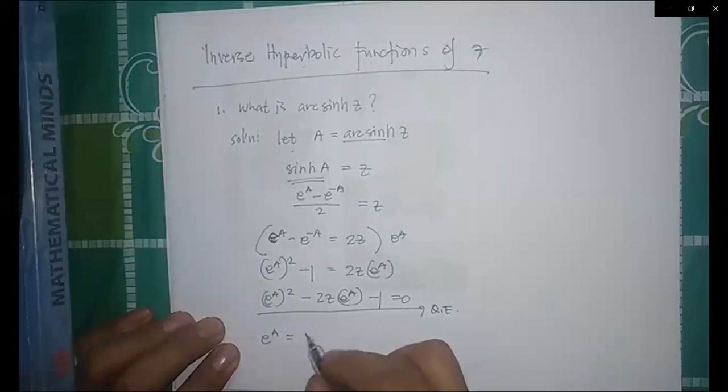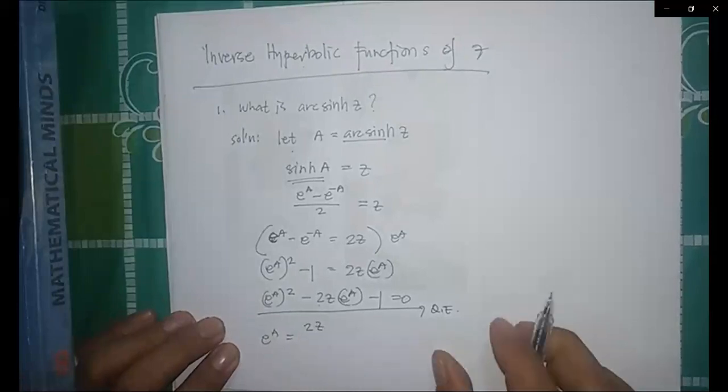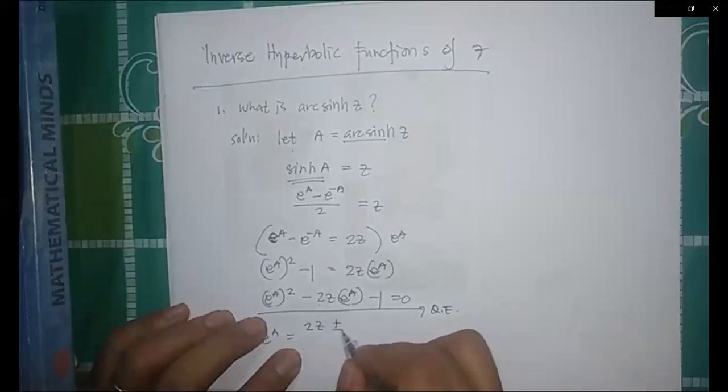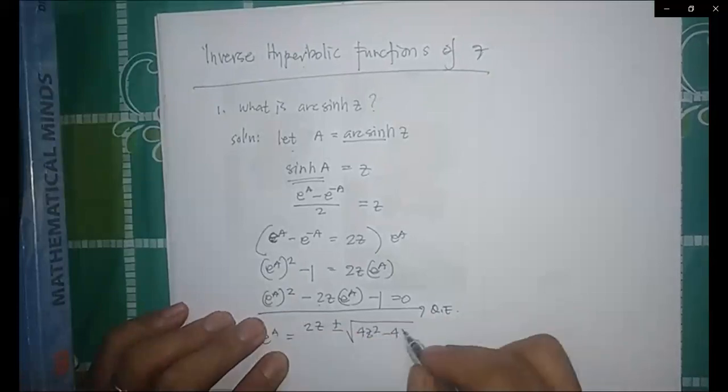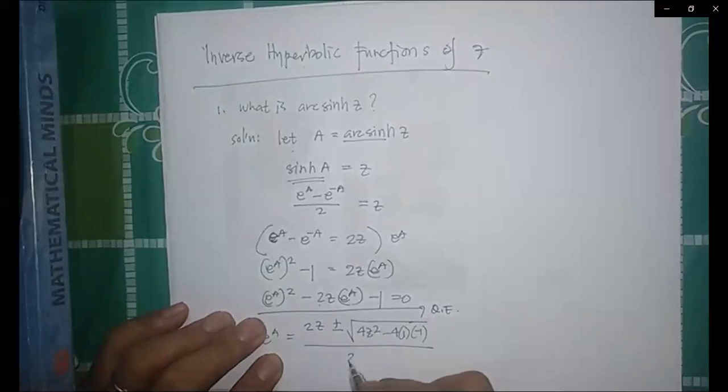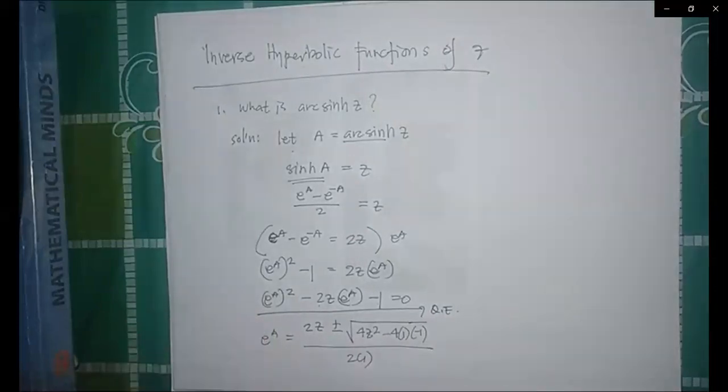Then to solve for e raised to a, that is just the negative b, in that case, positive 2z plus or minus the square root of b squared, in that case 4z squared minus 4ac, a is 1, c is negative 1, all over 2 times a.